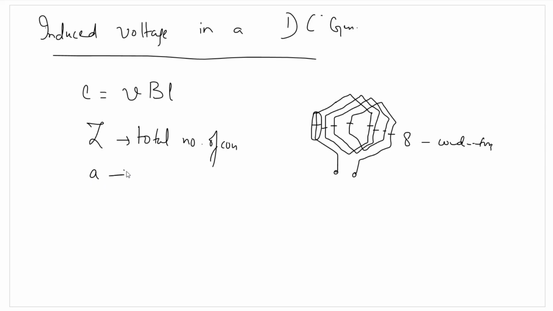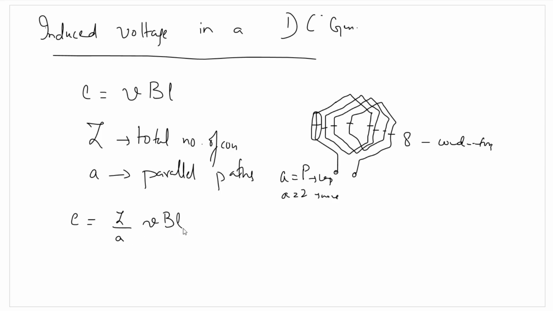And if A is the number of parallel paths, in case of a lap winding, A will be equal to P, while in case of a wave winding, A will be equal to 2. This is for lap, this is for wave winding. Then the total induced EMF in all the conductors will be Z divided by A, BVL.